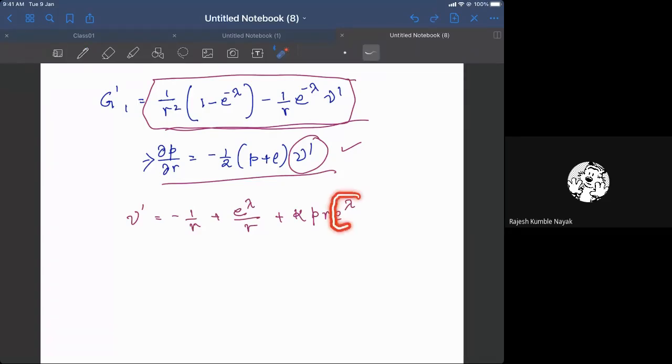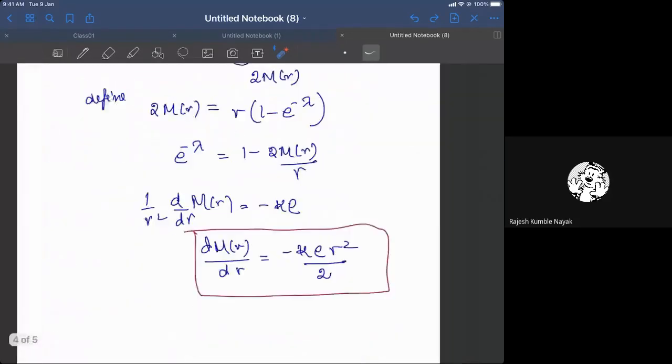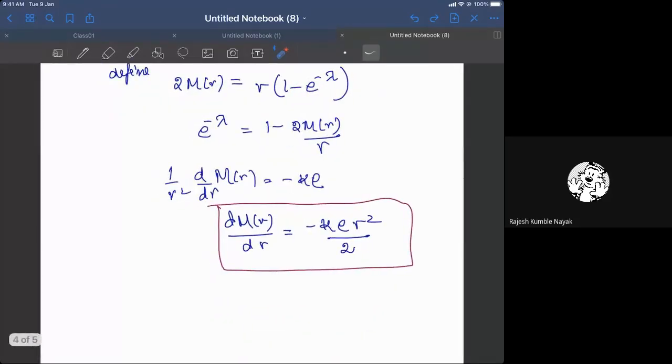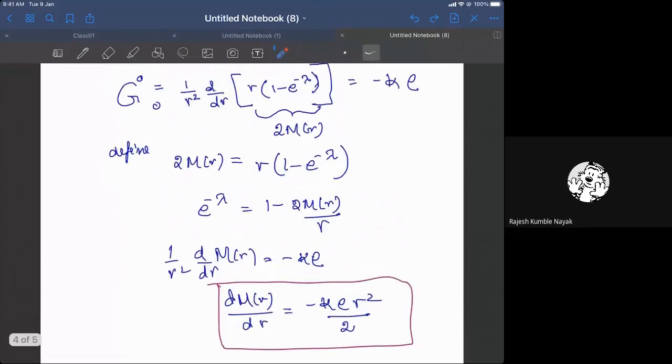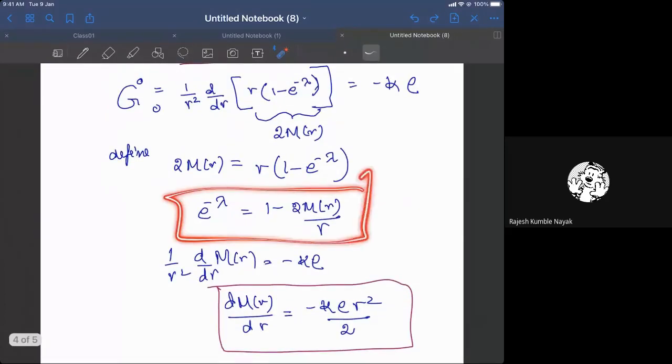We already know what this is. We got that from this equation, or rather this equation here.